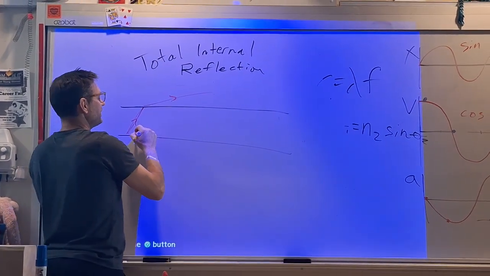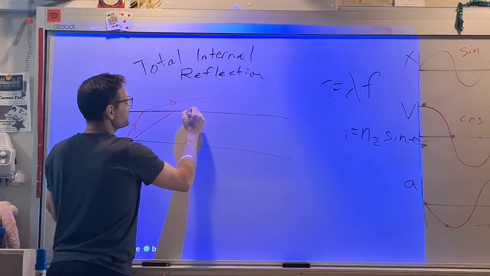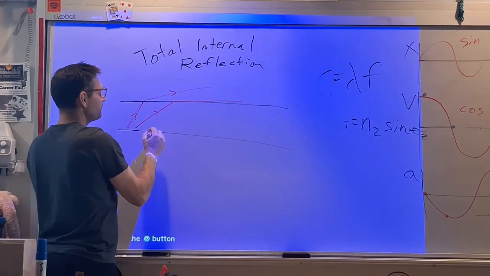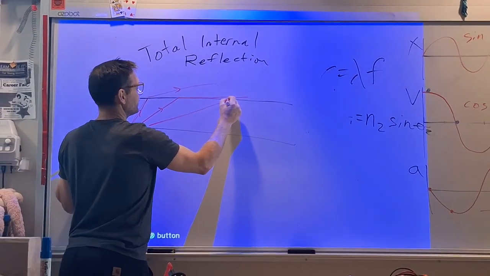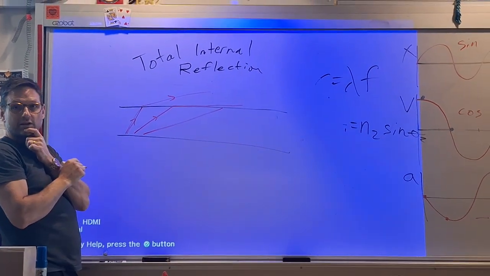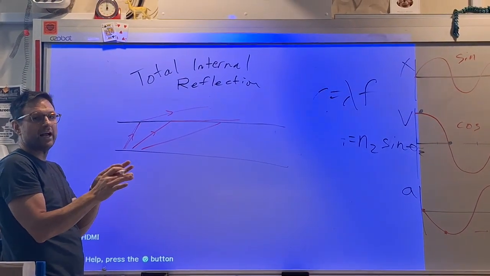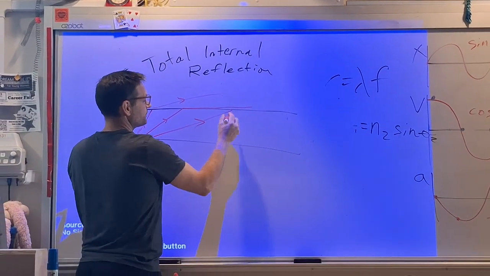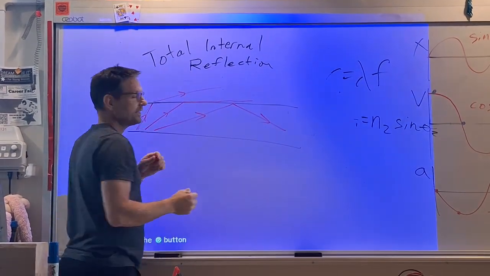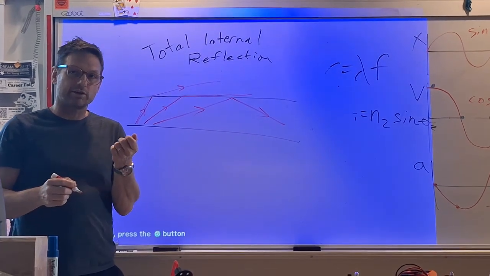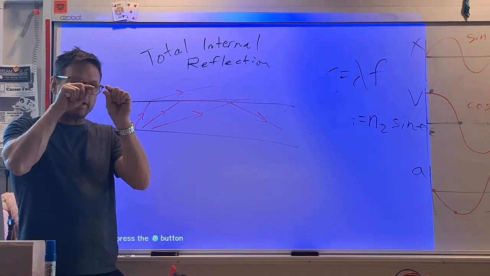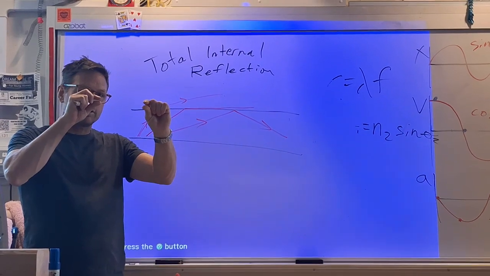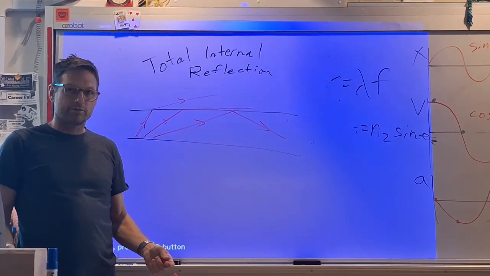So if you make this angle more, it'll be just above the surface like that. But if you angle it any more, it comes back. It won't refract. It won't leave the fiber. So it just comes back in. And that's how fiber optic cables work. We shoot the light in, and it's thin enough that the light just can't get out, and it stays.